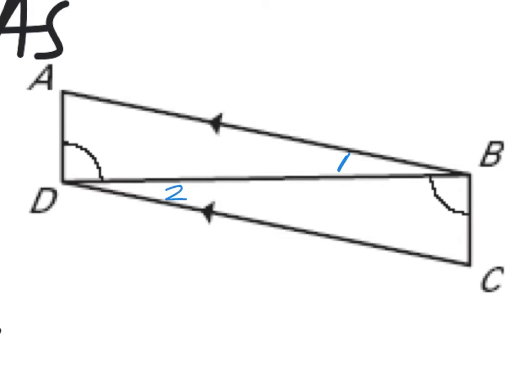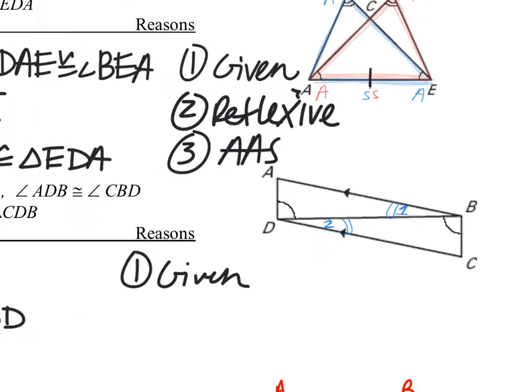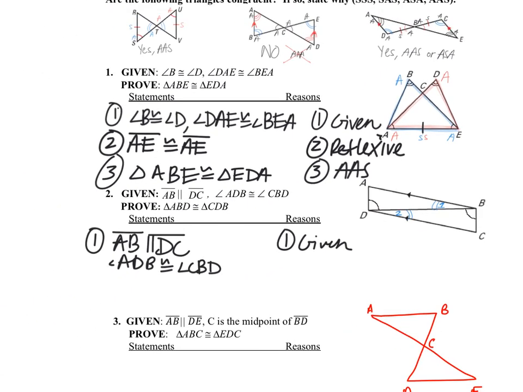It's only these two, the angles that touch the transversal. Make sure you mark them with 2 arcs because you already have angles marked with 1 arc. So I'm going to call them angles 1 and 2. In your proof, you can say that 1 is congruent to 2 because they're alternate interior.